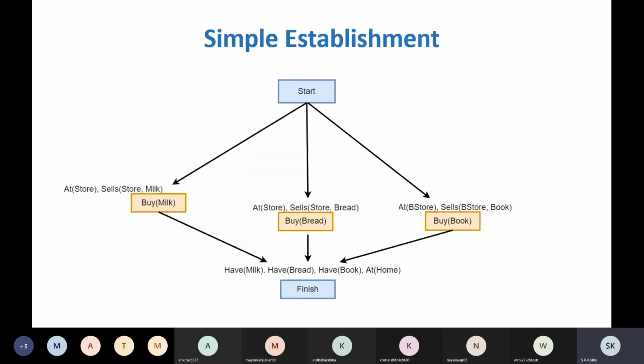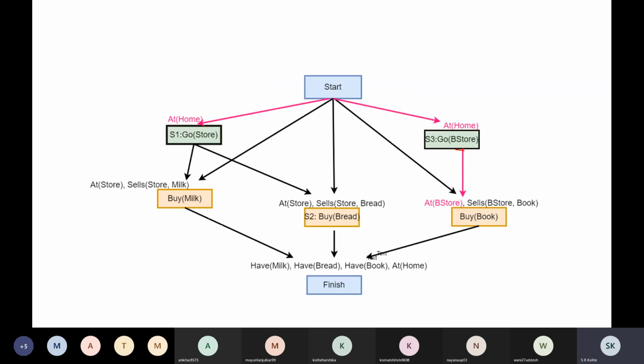Have bread, and because of that robot will be at store only, because robot is at store and robot has a bread. But goal required is that robot should be at home. Robot should carry all this to home. That is one thing. Any other task that is left over?